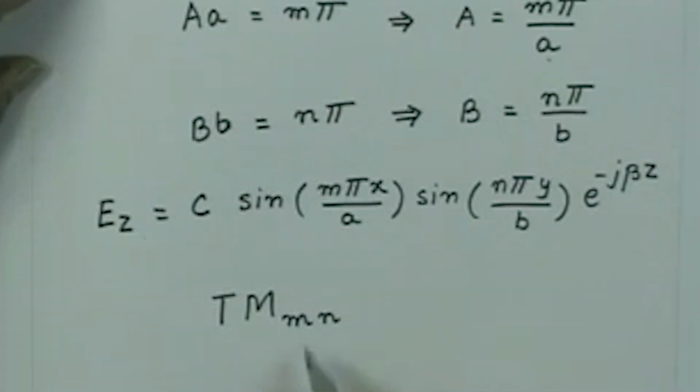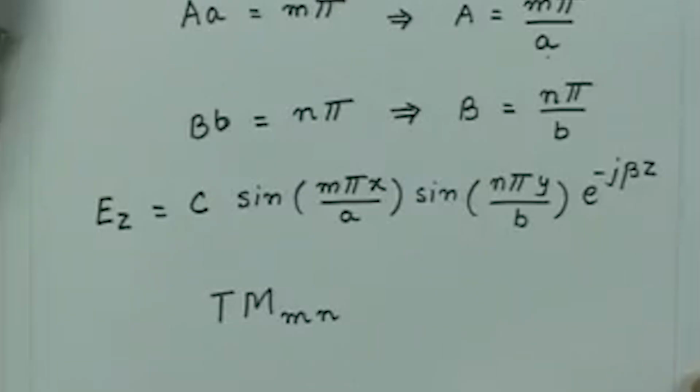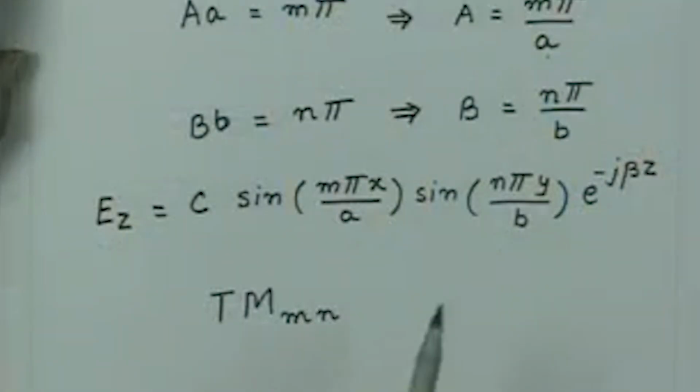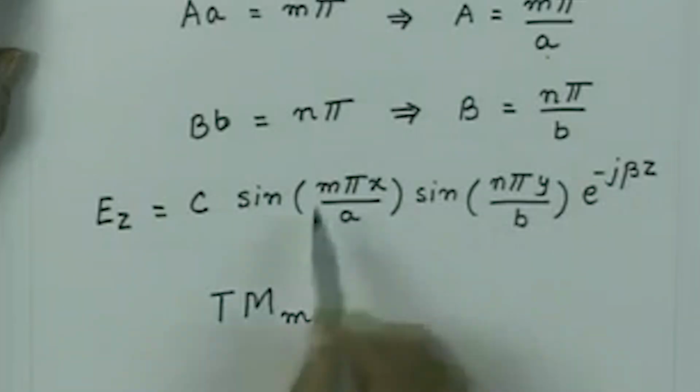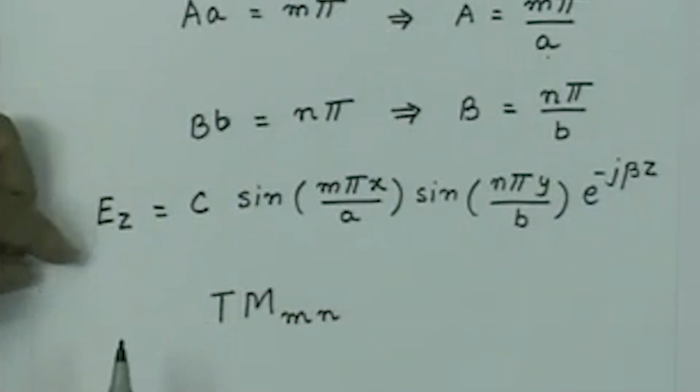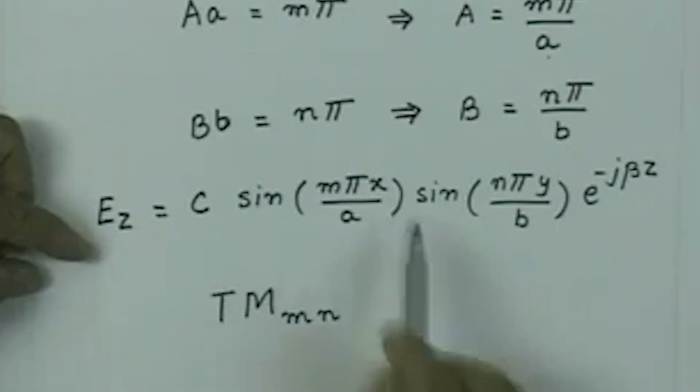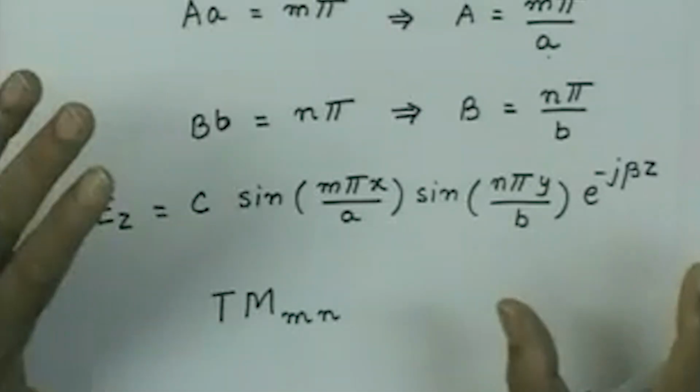Now, once we have got these constants m and n, there are a few things which can be noted from here. Firstly, if I substitute m equal to 0, n equal to 0 into these equations, Ez will be identically 0. What that means is that the TM00 mode cannot get excited inside a rectangular waveguide.